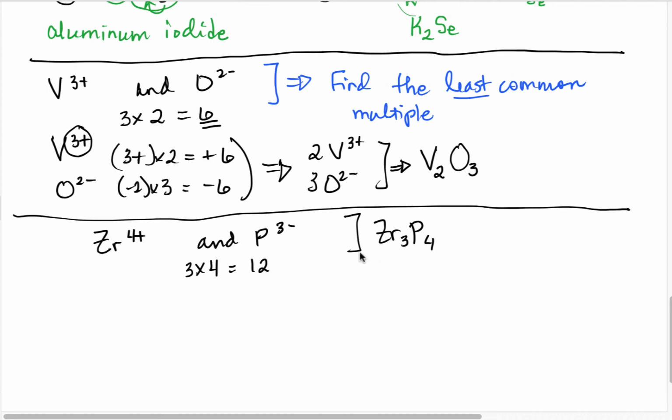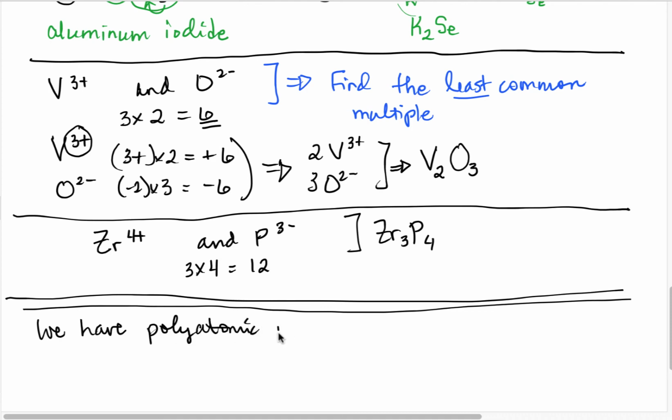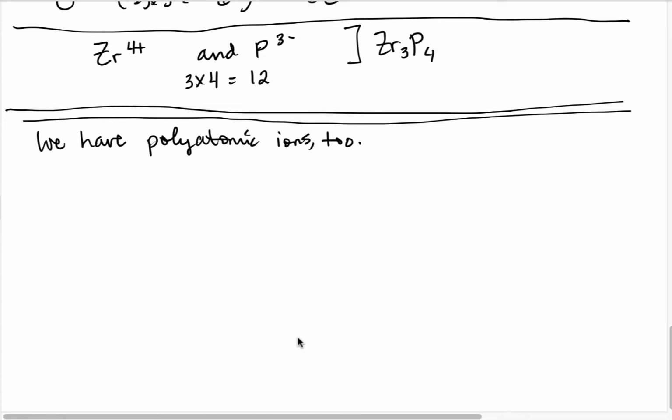Now, all of our work so far has been on naming binary ionic compounds, but we actually have polyatomic ions too, and we need to know how they work. The great news is that naming and writing these compounds for polyatomic ions is exactly the same as for regular ions.